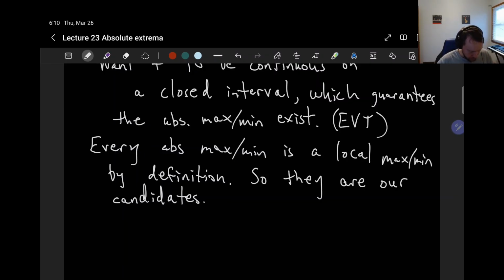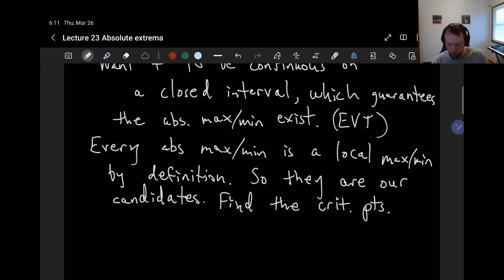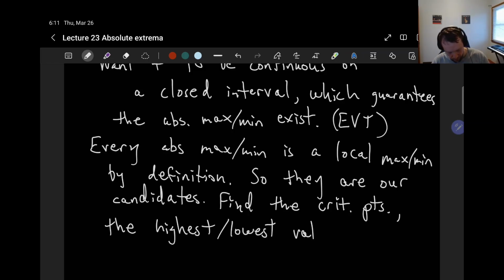Okay, so I want to say it this way. So we find the critical points because they serve as candidates for the local maximums and minimums as well. So find the critical points, and then the highest and lowest values must give the absolute maximum and minimum respectively.